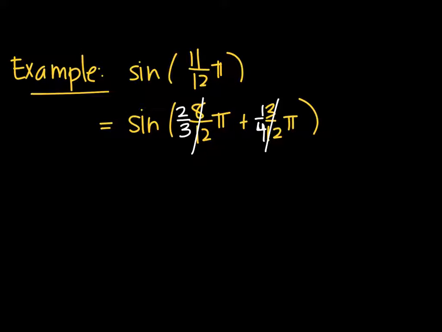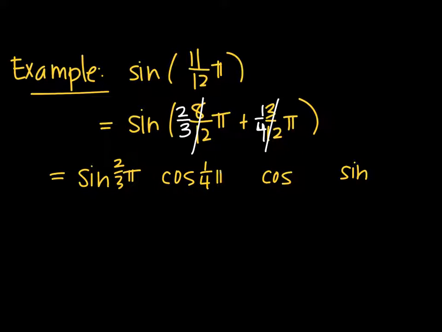So I will use the sine part of the cheer, which is the first line of the cheer: sine, cosine, cosine, sine. We fill it in with 2/3 and 1/4 and 2/3 and 1/4. This is a plus problem. So the sign only switches when it's cosine, right?